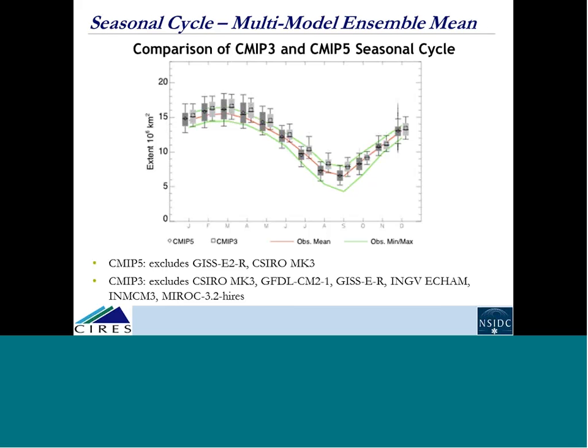So we're on track to being able to match September sea ice extent quite well when we look in terms of the ensemble mean. The range of CMIP3 between the winter maxima and summer minima extent is somewhat smaller than what we're seeing in CMIP5, and again, CMIP5 tends to capture that observed range a little bit better.